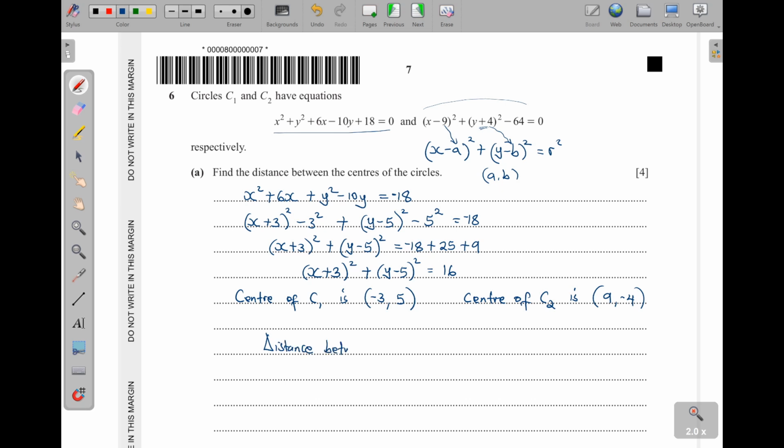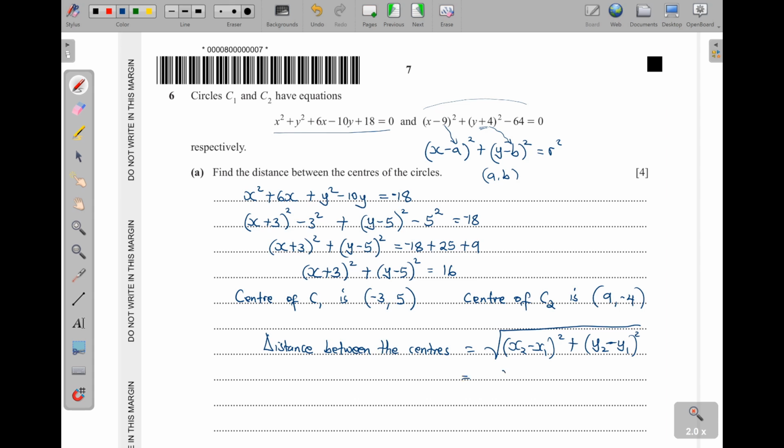So the distance between the two centers now, the distance between the centers is going to be the square root. Remember, we have the change in x, okay? Then squared plus the change in y, okay? And squared. It's the length of a line segment.